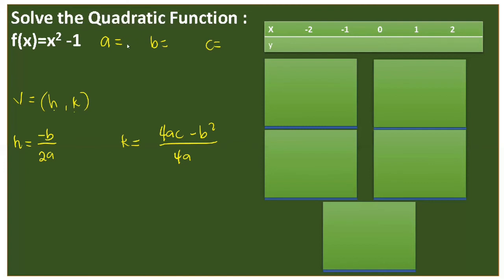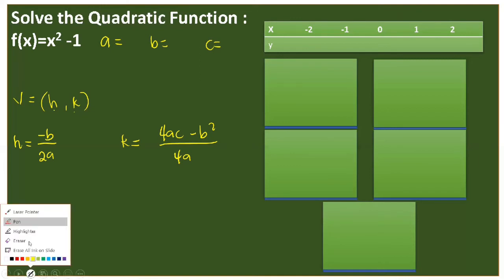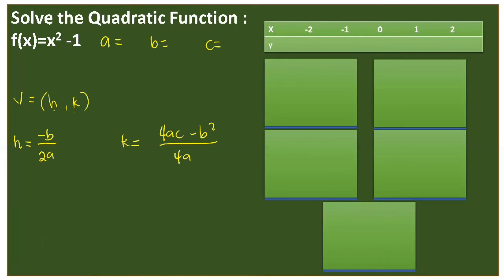Real number a is positive 1. We can see our real number a in the quadratic term, which is 1. Our b is 0 because we don't have a linear term, so there is no real number b. And c is negative 1. Now we have the real numbers a, b, and c.